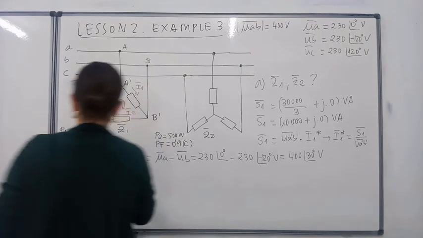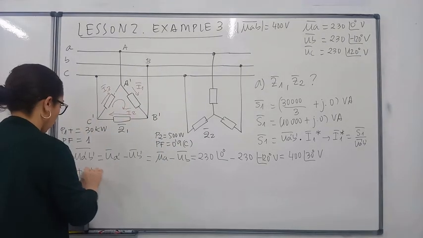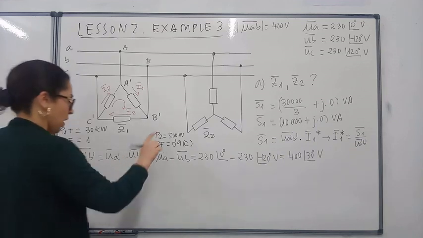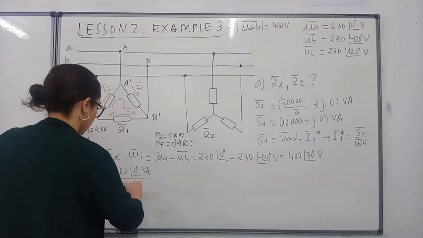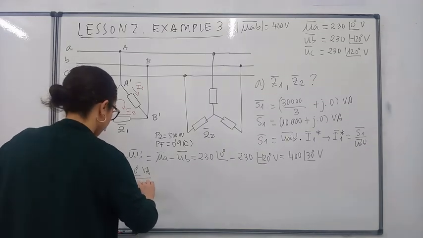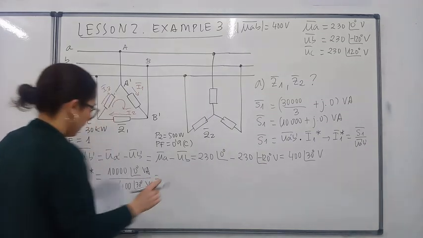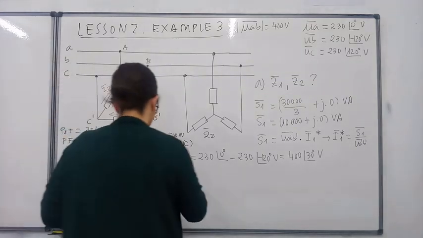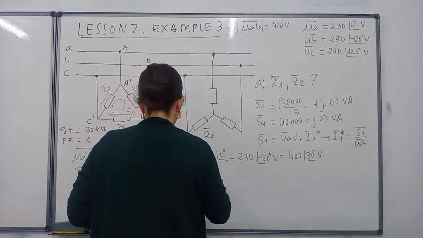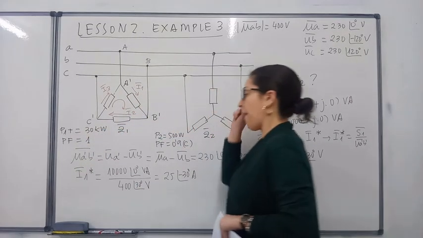So the conjugate of current 1 would be the apparent power divided by the line voltage here, and that gives a result of 25∠-30° amps.